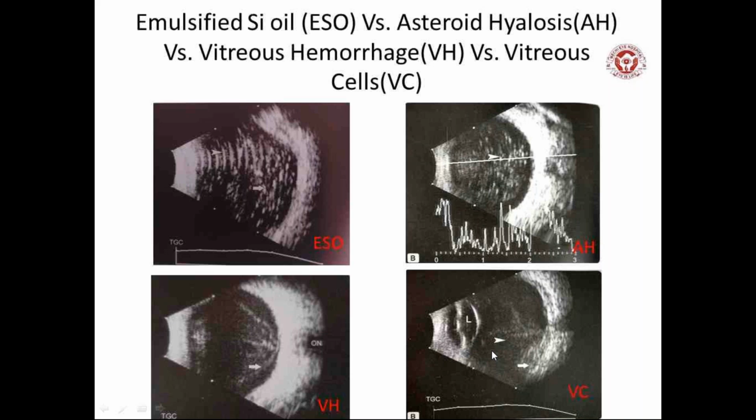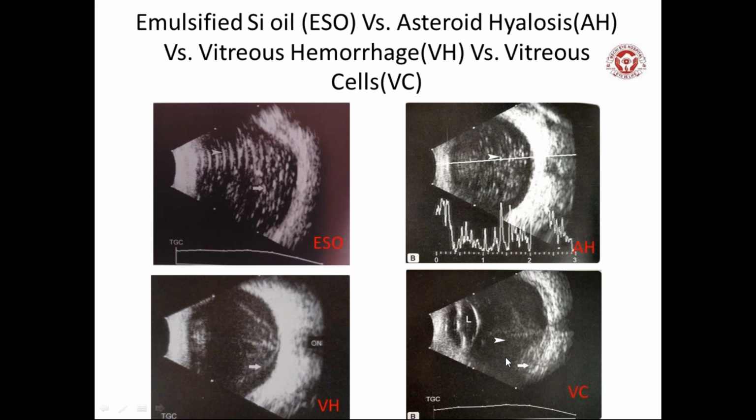The normal range of choroidal thickness is 1.4 to 1.6. So if there is more thickening, then it goes to vitreous cells, and if it is normal, it is vitreous hemorrhage.